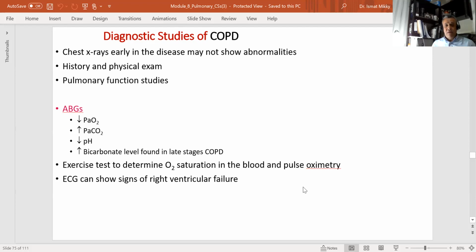The FEV1/FVC is a ratio, and a ratio of less than 70 would suggest the presence of obstructive lung disease.